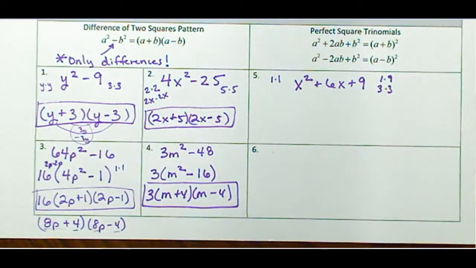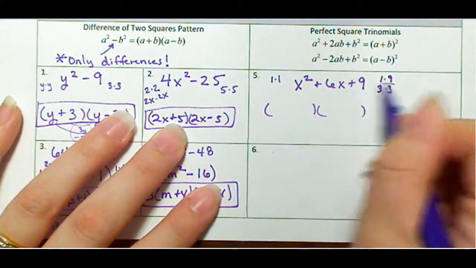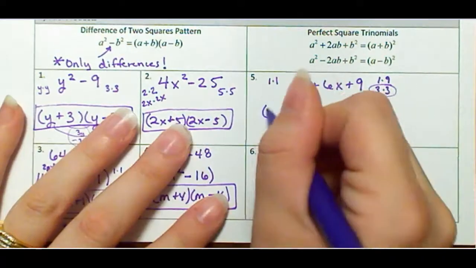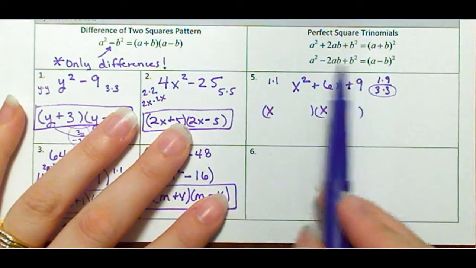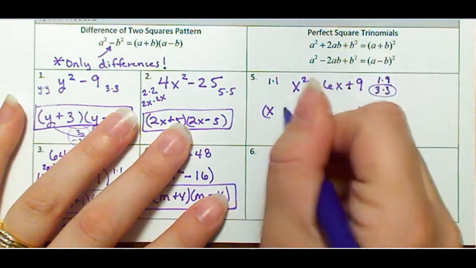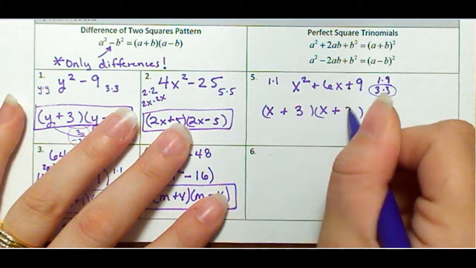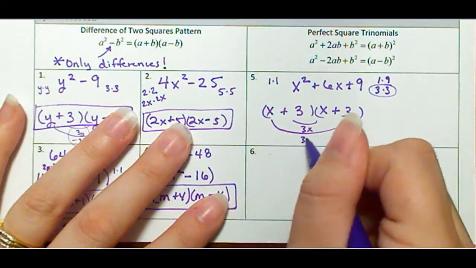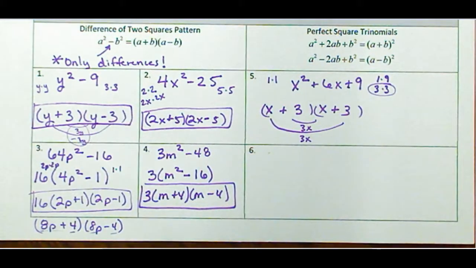On this one, you want to start with the smallest numbers, and if they have a set of perfect squares, that is a really good place to start. So we have x and x. The signs are going to be the same and they're both going to be positive, so plus and plus. When I choose 3 and 3, notice I get 3x and 3x, and that adds up to my 6x. This is what we call a perfect square trinomial.